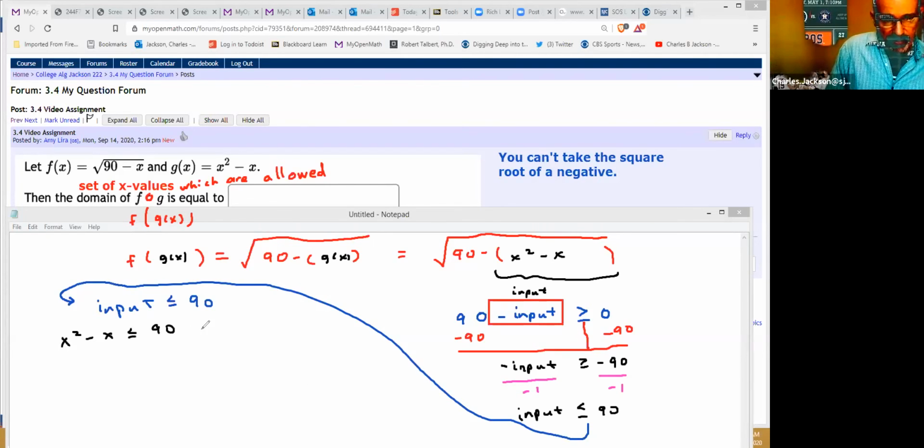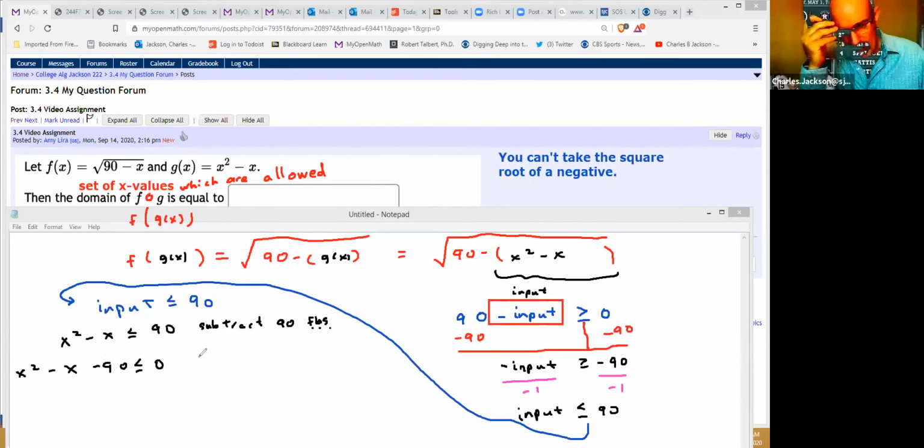Now, subtract 90 from both sides, and you have x squared minus x minus 90 less than or equal to 0.